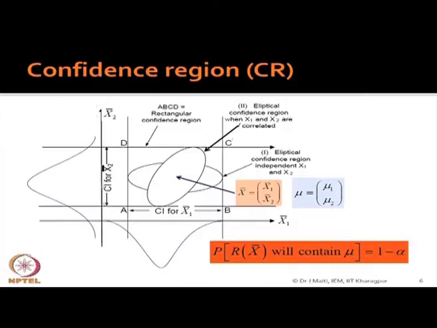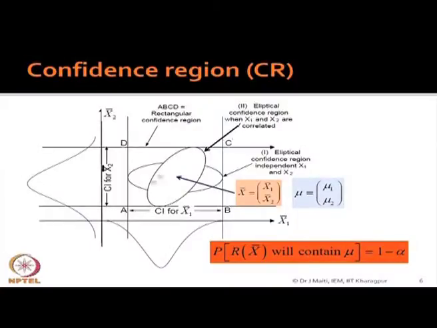Based on the individual intervals it is within the confidence level, but collectively, the collective confidence region shows that this point is out of the confidence region.